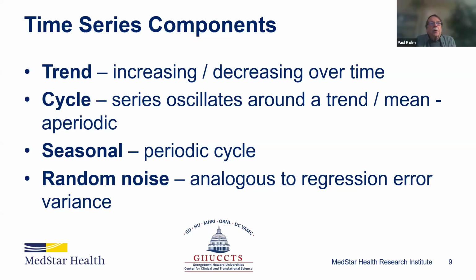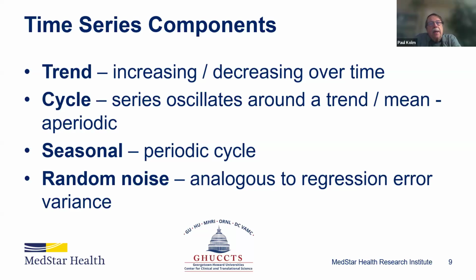We can also look at what are called cycles. In other words, the series oscillates around a trend or a mean. In this case, a cycle is referred to as aperiodic. On the other hand, if we have a periodic cycle, then we talk about a seasonal trend. For example, if we had a time series of profits over a year, there would probably be a seasonal cycle that would peak around Christmas time or slightly before that.